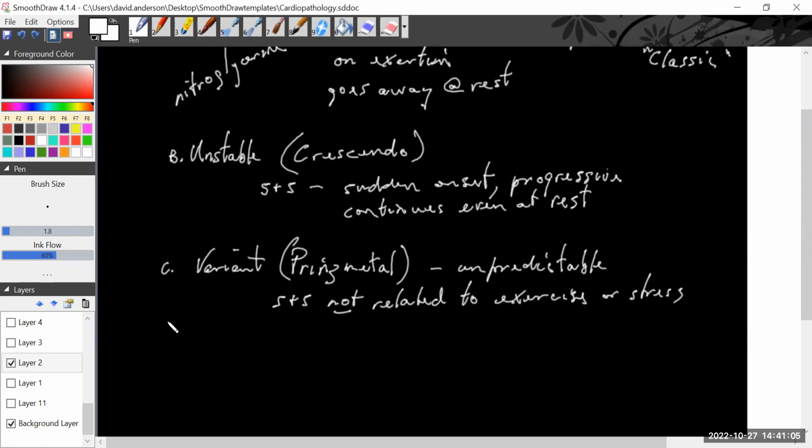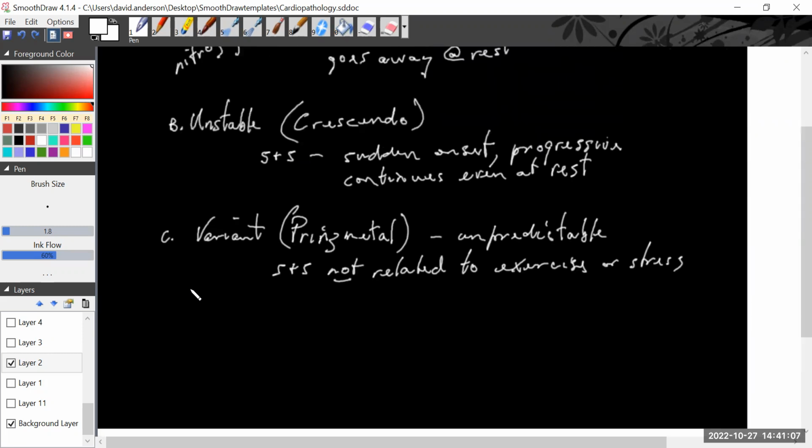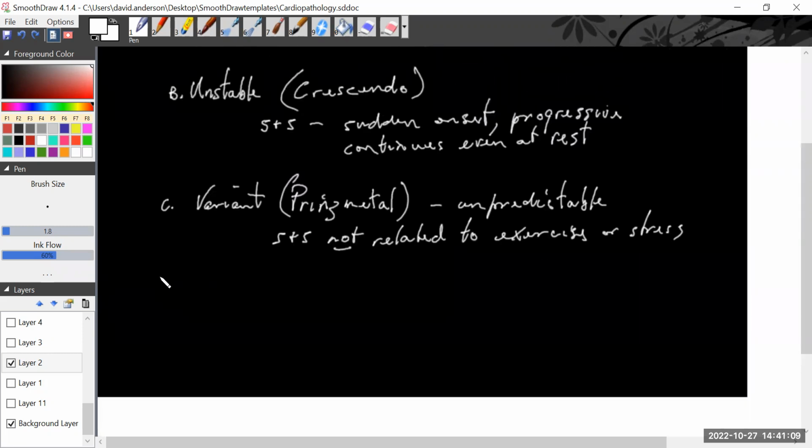So just so that you get a little review on that, we'll be talking about ECG a little later today, but our ECG is a P wave and a QRS complex followed by a T wave.